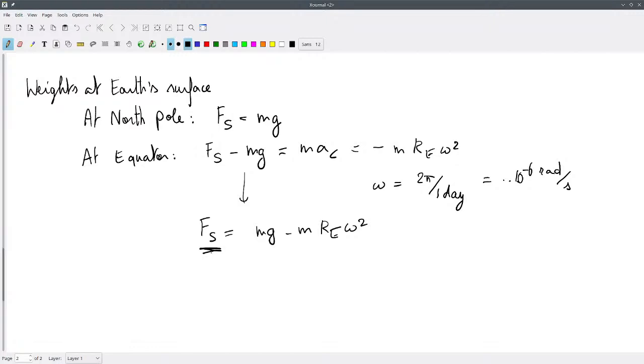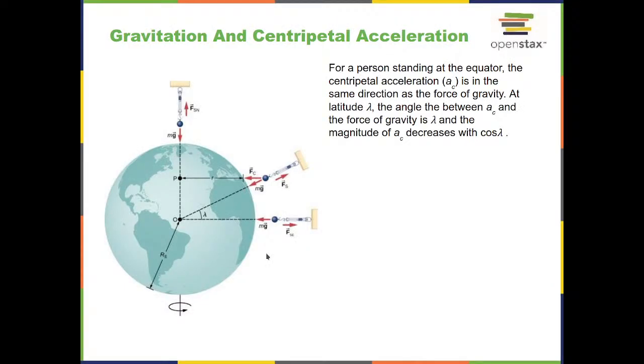And so the weight that our scale indicates, if we take our scale from the North Pole, where it was calibrated to measure a mass m for this force magnitude, to the equator, will now indicate a different mass, actually a lower mass. So this is one of the effects of the rotation of the Earth.